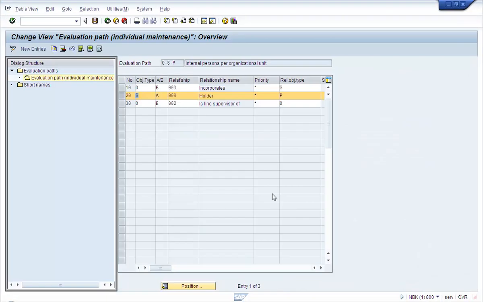And thirdly, all the subordinate organization units are selected starting with the organization unit that is the root node.